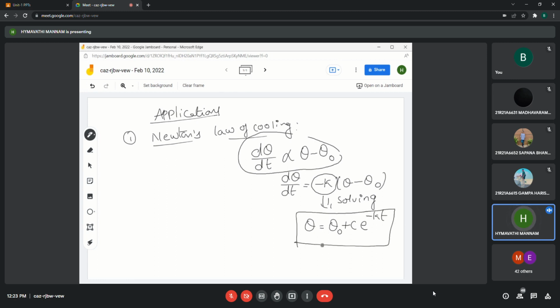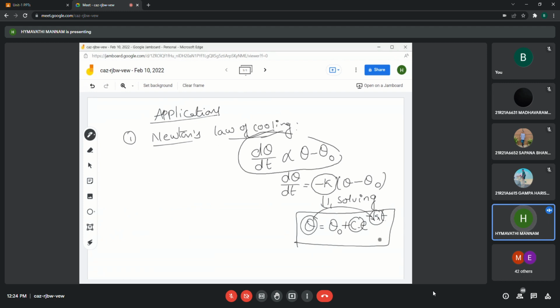This equation gives the temperature of a body at any time t, or you can also find the time when the temperature is given. This is a very important formula for Newton's law of cooling. Here c and k are the arbitrary constants.